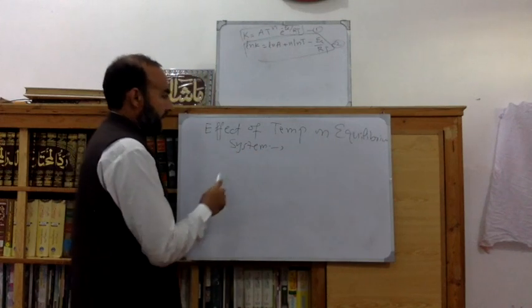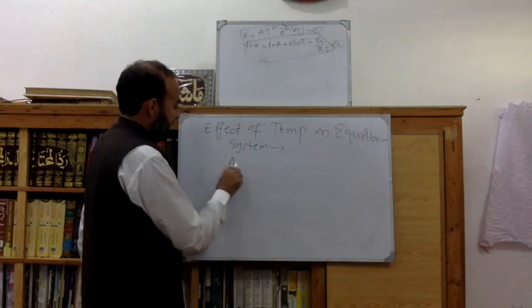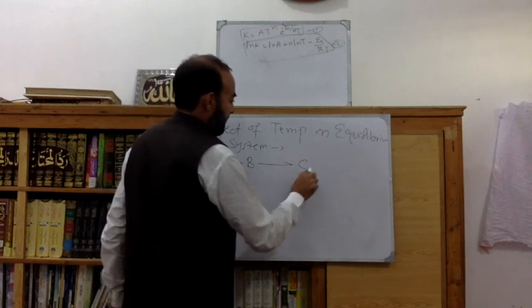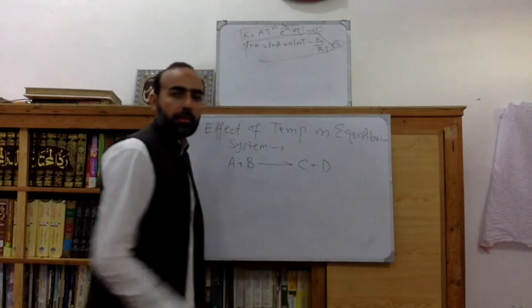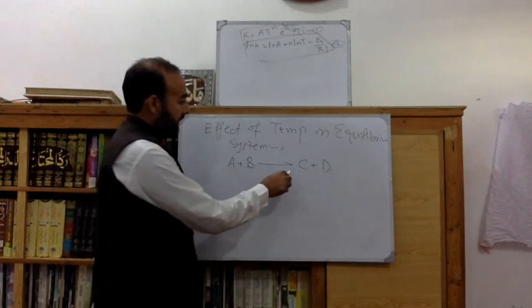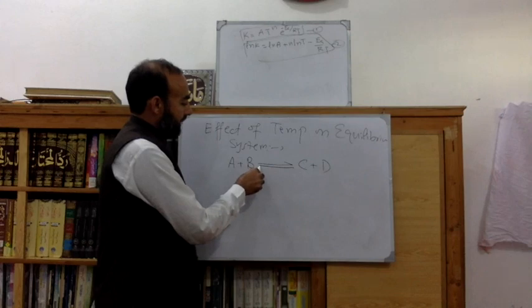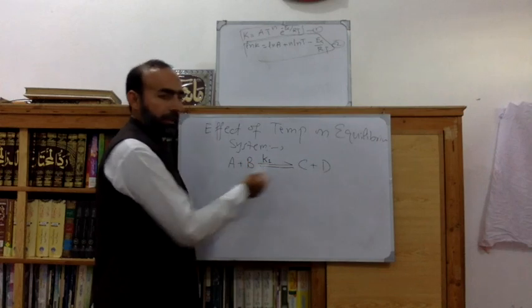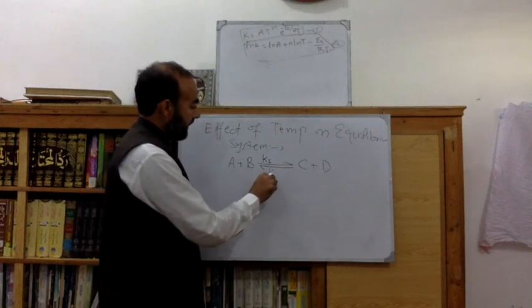So for example, we have a system A plus B going into products C plus D, and the products C plus D then recombine to make the reactants. So the forward rate constant is represented with K1, and the reverse rate constant is represented with K inverse.